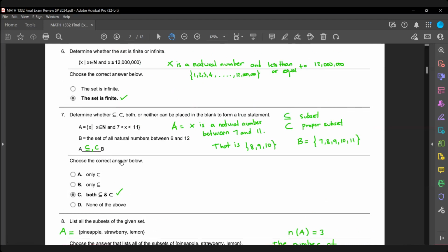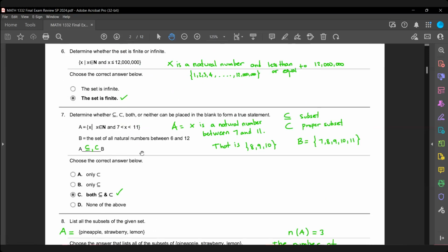In example number 7, we're determining whether to use the subset symbol, the proper subset symbol, both, or possibly neither. What we're doing at this point is comparing sets to sets.